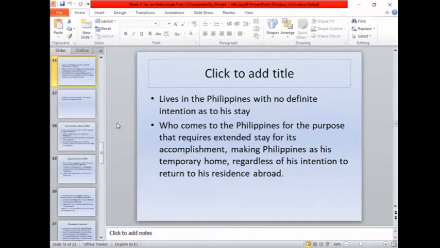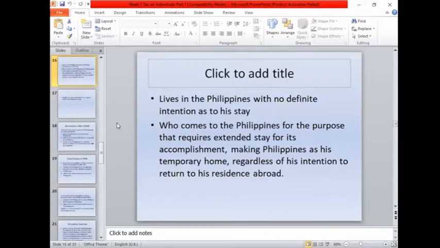Whoever foreigners come to the Philippines for a reason, especially if they have a mission to accomplish, and stay here for more than a year, are to be called resident aliens, because this foreigner lives in the Philippines with no definite intention of his stay. It means that anytime they want to go back to their country, they will go back. So those are the resident aliens.